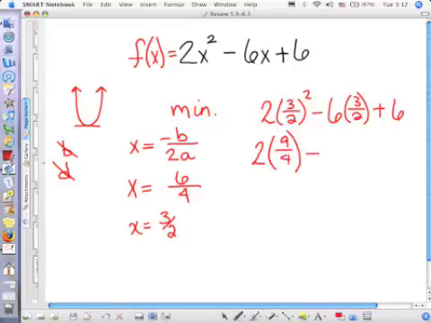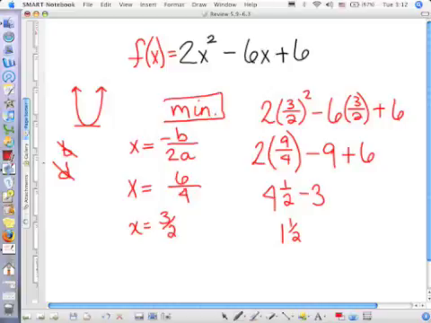Here, 6 times 3/2 is 18 over 2, or 9, plus 6. 2 times 9/4 is 18/4, which gives us 4.5. -9 plus 6 is -3, and 4.5 minus 3 is 1 1/2. So this one had a minimum value of 1.5.